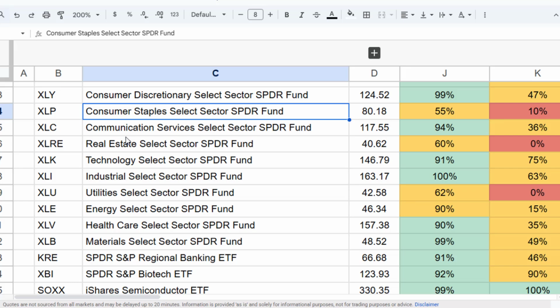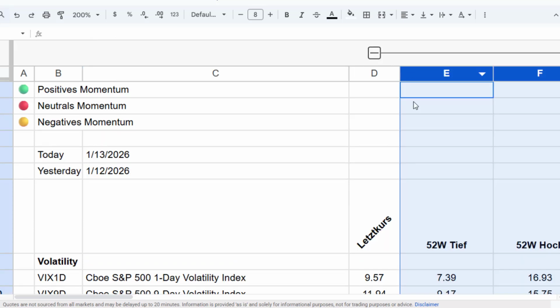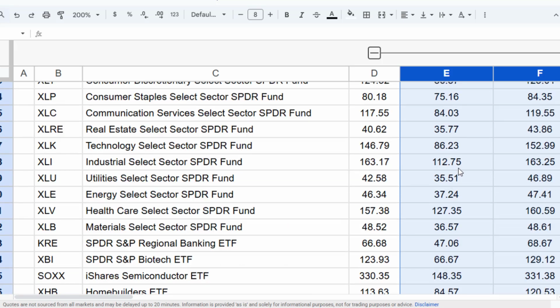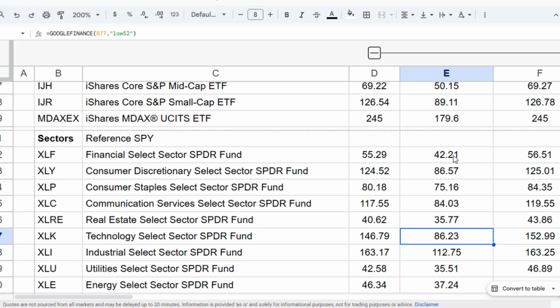So what do we know? For every ETF, we have a 52-week low. We have that here. Let me scroll here. So this is the 52-week low and the 52-week high.